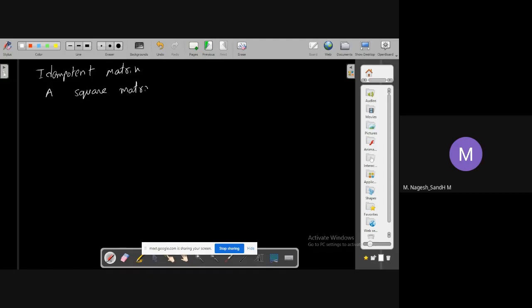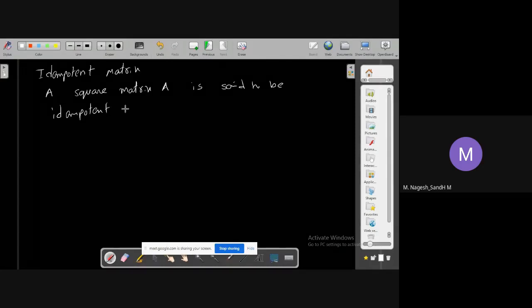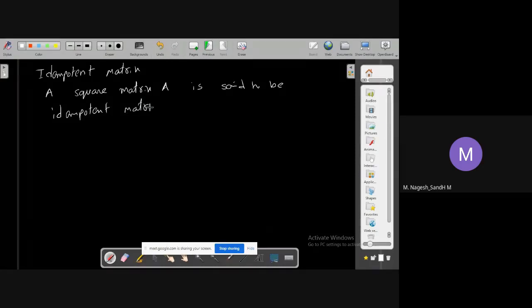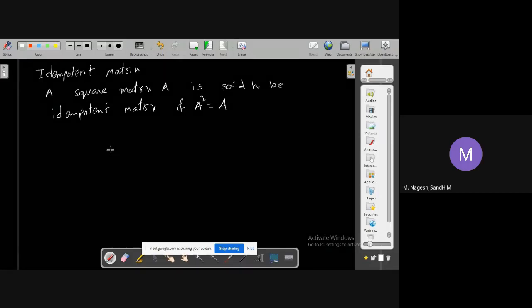A square matrix capital A is said to be an idempotent matrix if A square equals A. If A square equals A is satisfied, then it is called an idempotent matrix. That means when you multiply A into A, again you have to get A only.